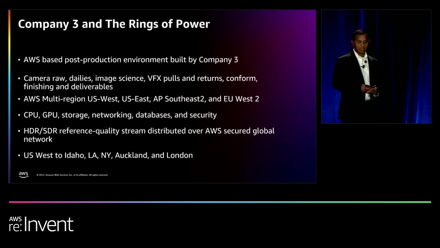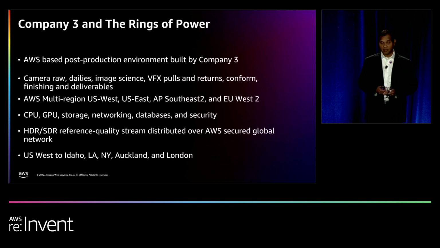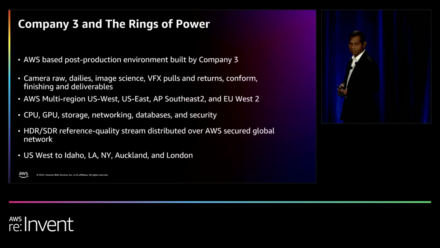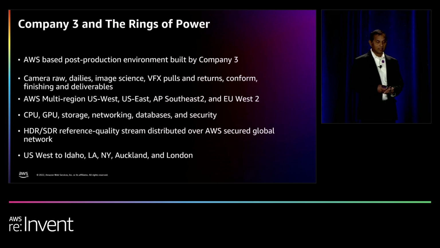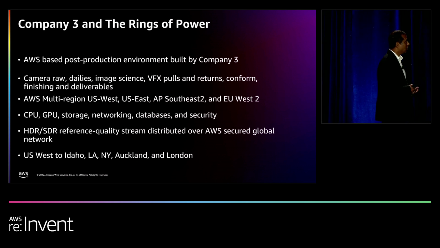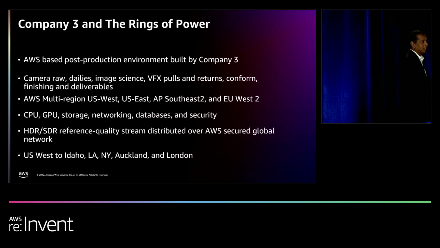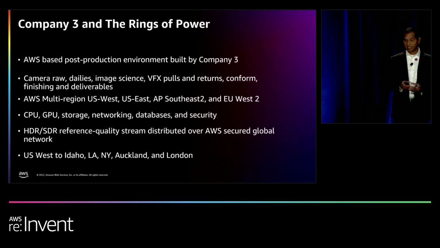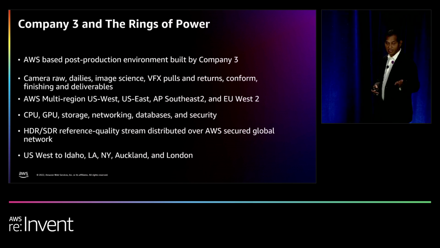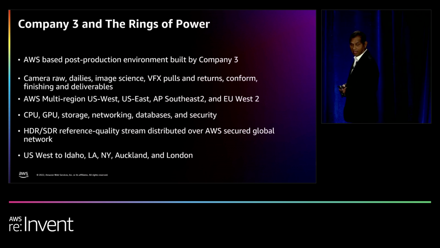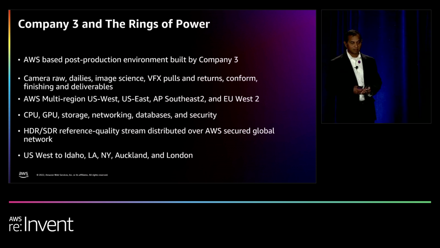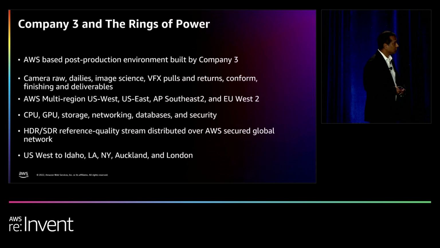Now, on the finishing side, we also have HDR and SDR reference. This is high quality streaming, as Katrina was talking about in the beginning. And we used the whole technology to collaborate on the show, as Ron was indicating, with colorists in Idaho and Conform in the US West, LA, New York, Auckland, and London.